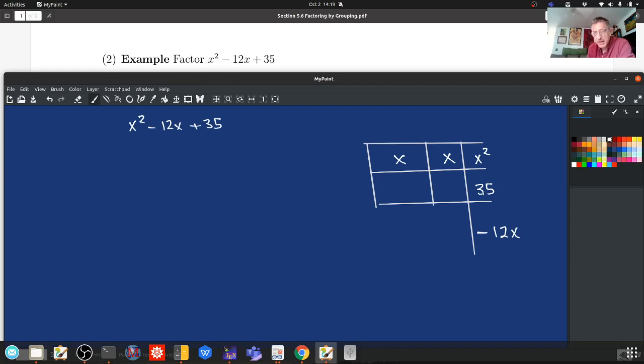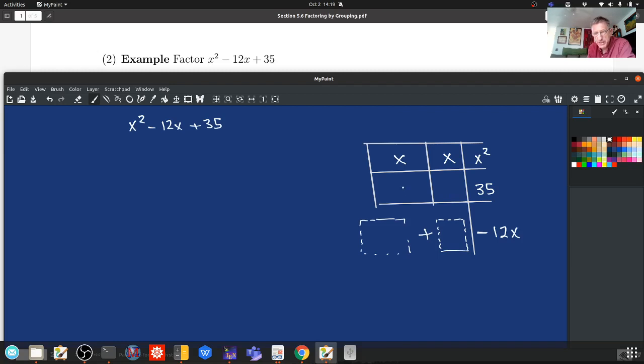So now down here, I have to find two numbers. When I multiply them together, I get 35. And then when I multiply down, I get something here in a box, which I add to something down here in the box. So once I fill out this row, I'm going to multiply.